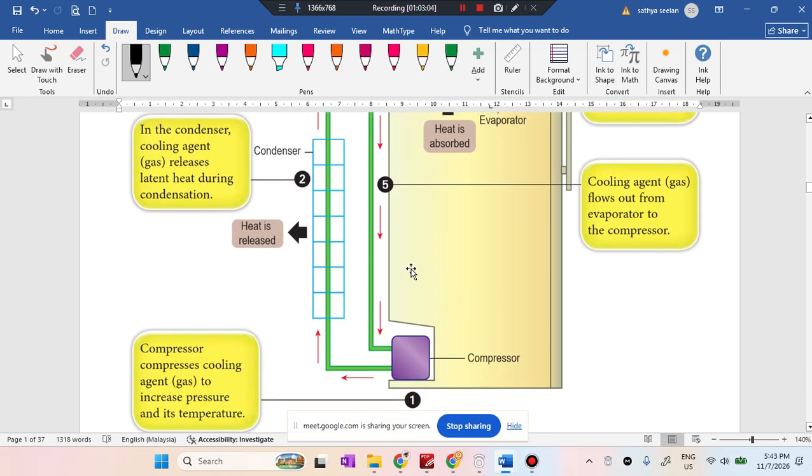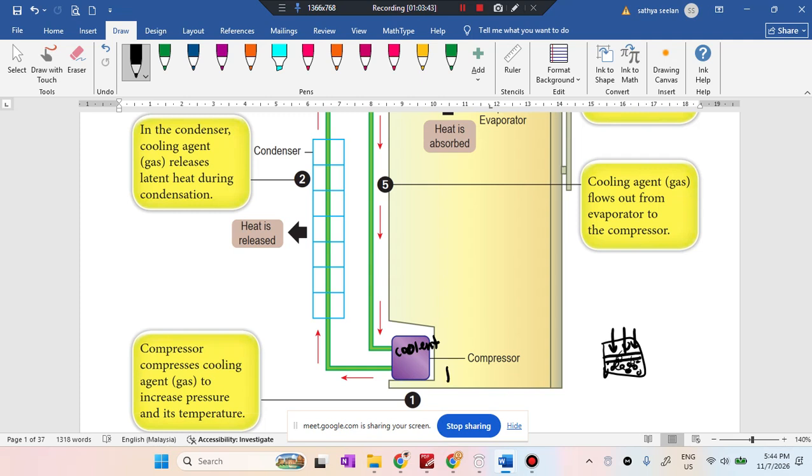Okay, let's first see how it works. Number 1, here there will be a liquid, we call it coolant liquid, meaning cooling gas. Okay, what does the compressor do? Let's say this is the coolant. The compressor has a piston that pushes to compress it. When we compress, what does it do? All your cooling agent particles move very rapidly in a smaller space.